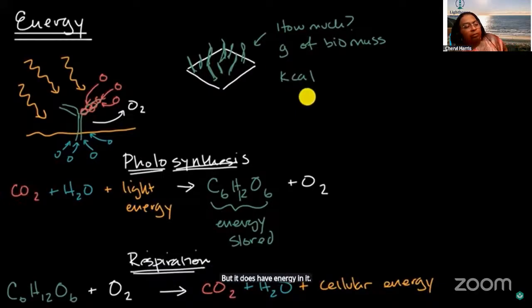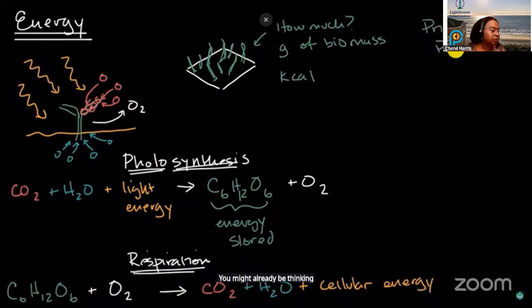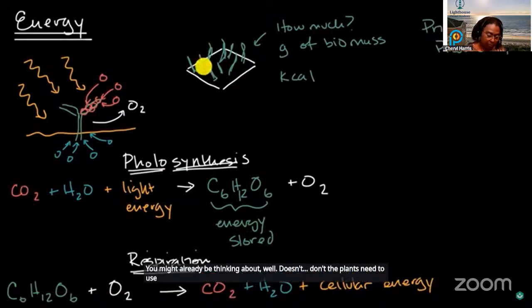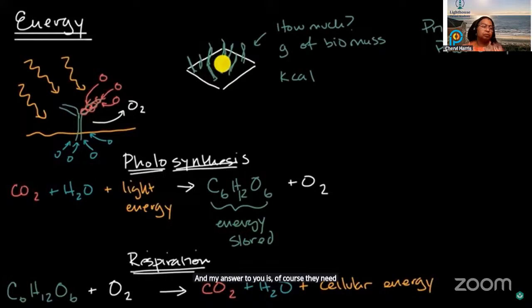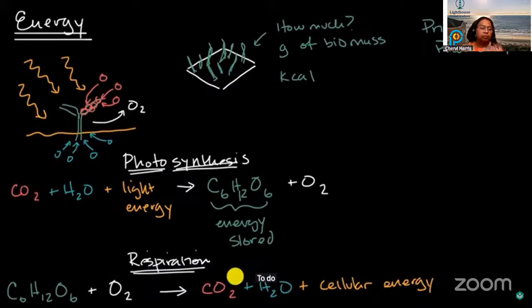Now, when we talk about this primary productivity, you might already be thinking, well, don't the plants need to use some of the energy that they are producing themselves to live? And my answer to you is, of course they need it. In fact, that's probably the most important reason why they need to photosynthesize, is because they need to do respiration in order for them to grow and metabolize and live and reproduce.